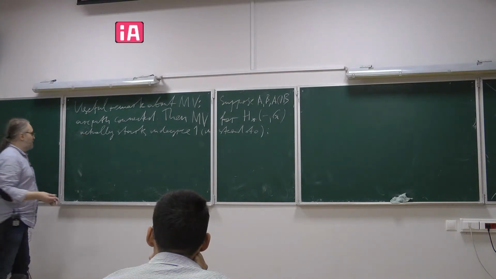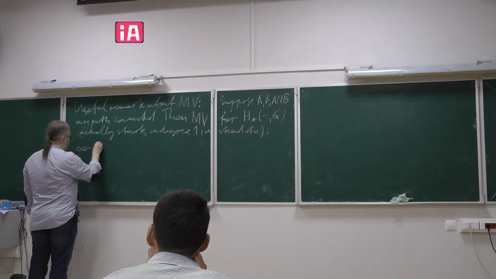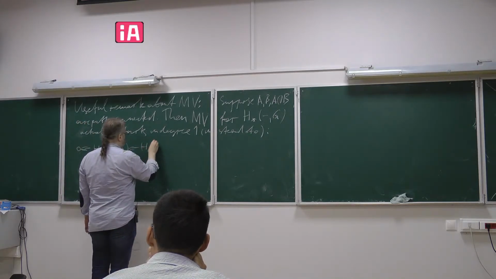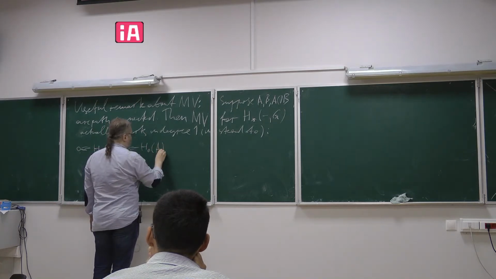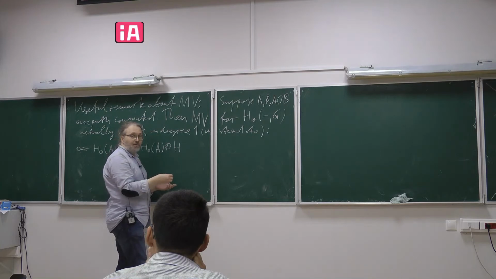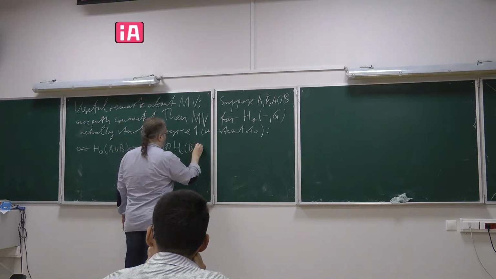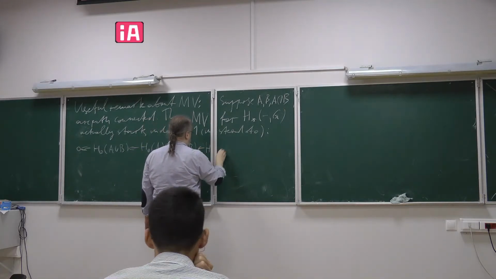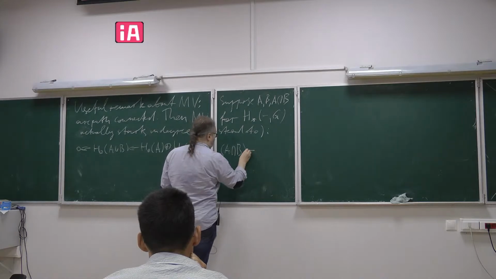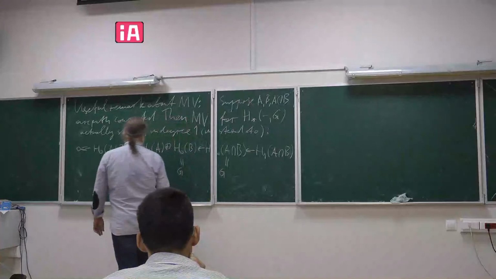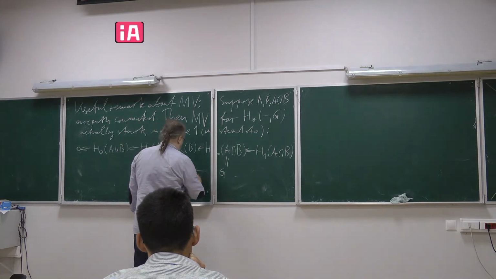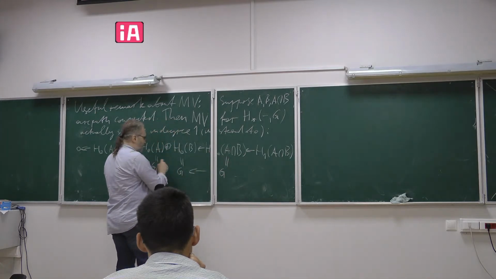What on earth does this mean? Well, this means the initial part of the sequence is, and the map from this G to G plus G is injective.